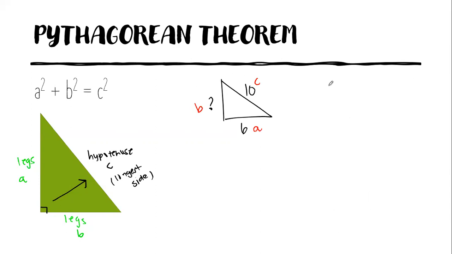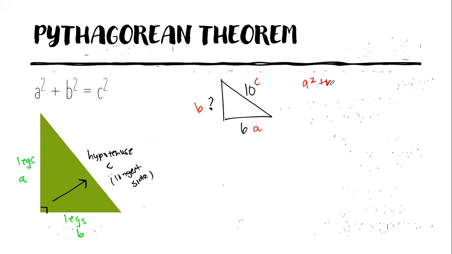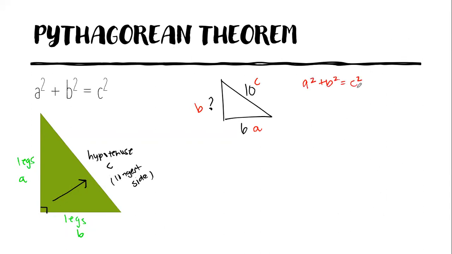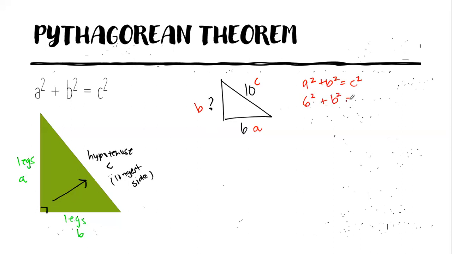Either way, make sure you know how to do these problems. So first thing I do is write down my Pythagorean theorem. A squared plus b squared equals c squared. My A is 6, so 6 squared, plus b squared, equals c squared, which is 10 squared.